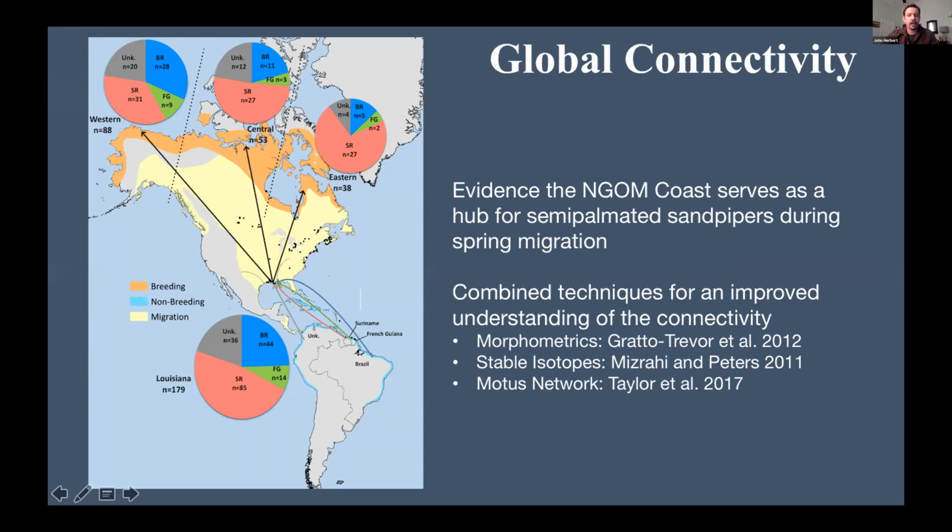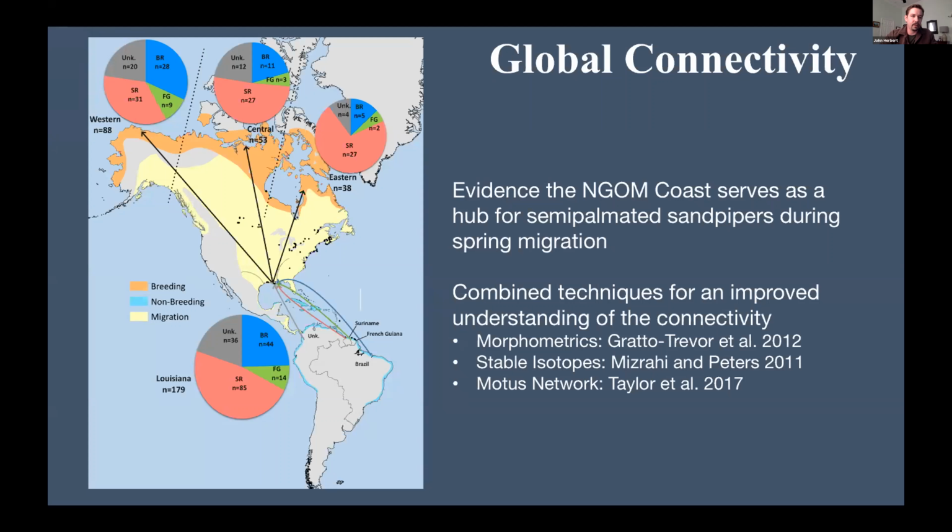And then using morphometric data and these 3 different breeding populations, the western here in Alaska, central and eastern, they're dispersing throughout the breeding range. And then we can also connect the wintering range to the breeding population. Suriname is the main wintering range for the species, and they're known to breed throughout the breeding range.